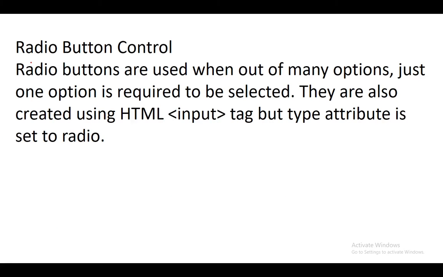Radio buttons are used when out of many options, just one option is required to be selected, and it's just like the other one. If you want to use the radio button, just change the type to radio, and just use small letters all through to write it.